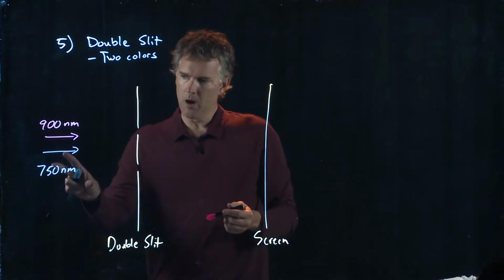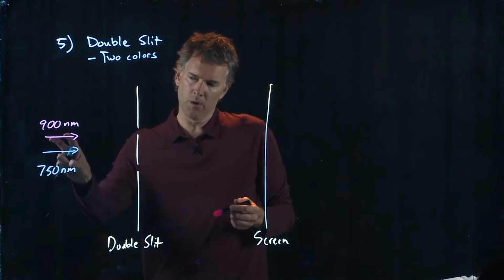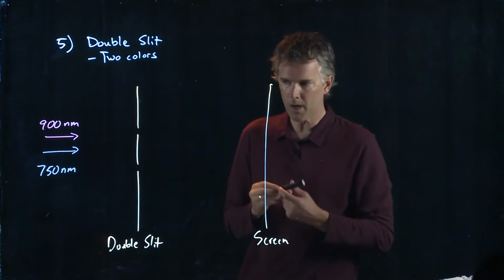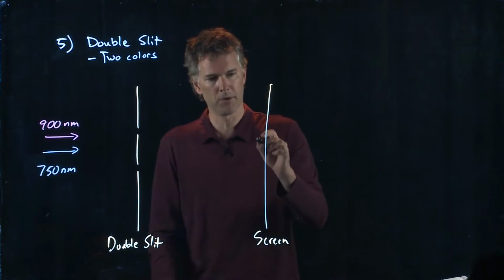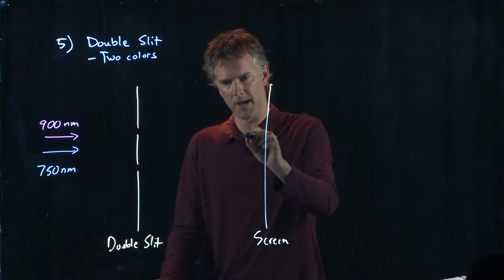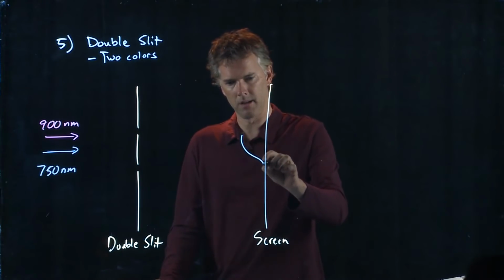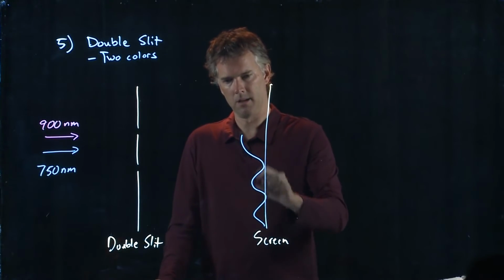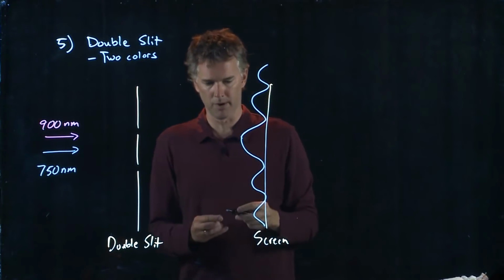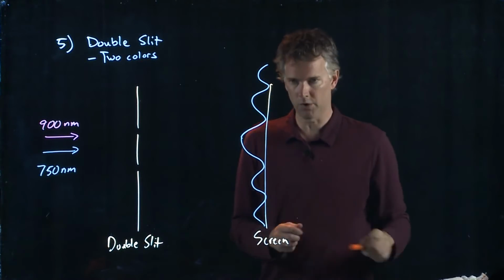But what do we know? Well, if we go in with shorter wavelength light, blue light, we know that it's going to make some diffraction pattern over here, okay? And we kind of know what that pattern looks like. It looks like this. You have these bright regions and you have these dark regions.